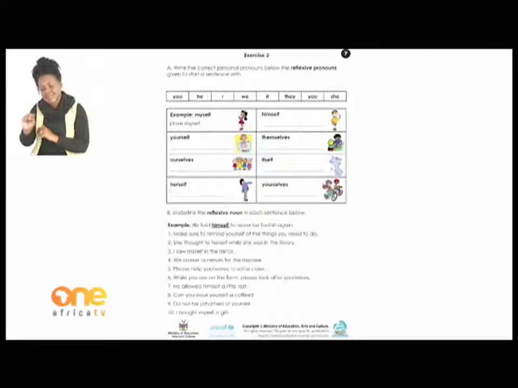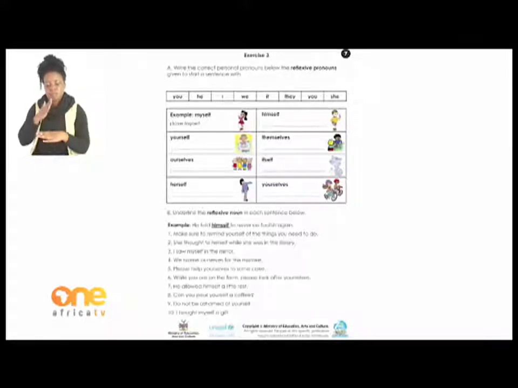So what you are going to do is, example, myself. Now, you are going to write a sentence using a personal pronoun that falls under myself. I've given you the example, and the example is, I love myself. Underneath the box or underneath the column, there is also an activity that you need to do.